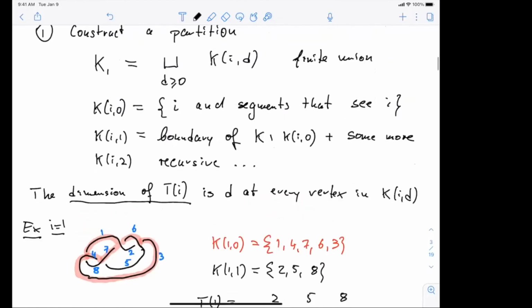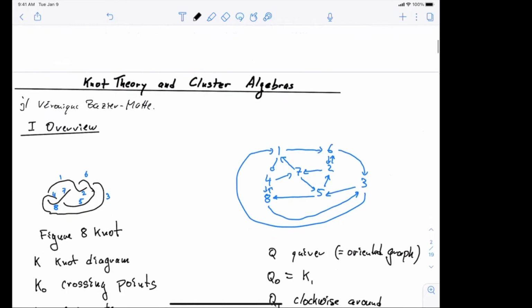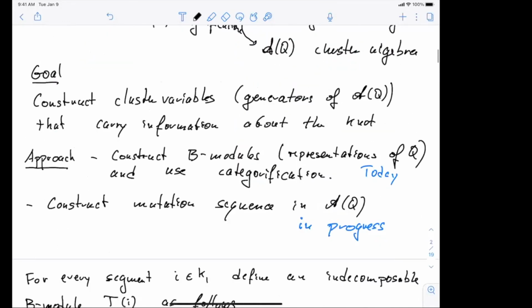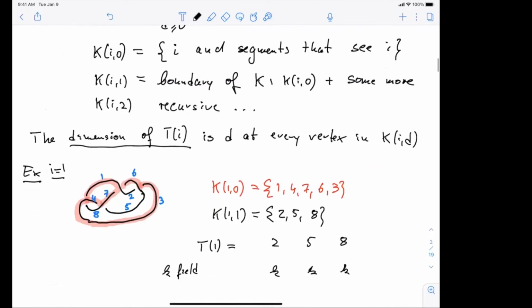I have to define the arrows as well, so maybe I go back and look at what the arrows look like. The subquiver I'm concerned with is the one given by 2, 5, and 8, and you see there 5 is the source of the 2 arrows that you have there. So the subquiver looks like this.